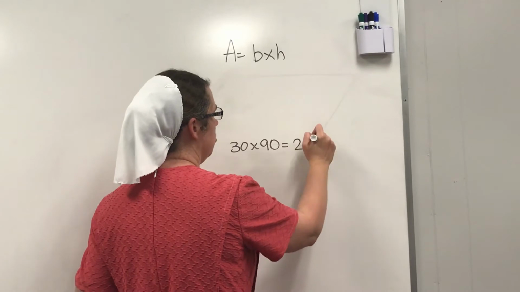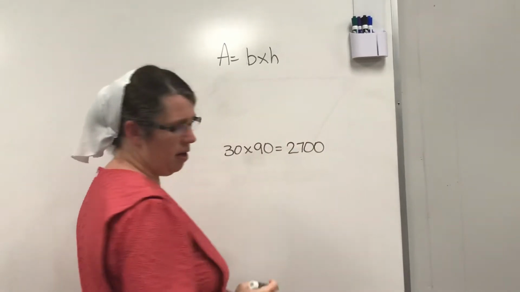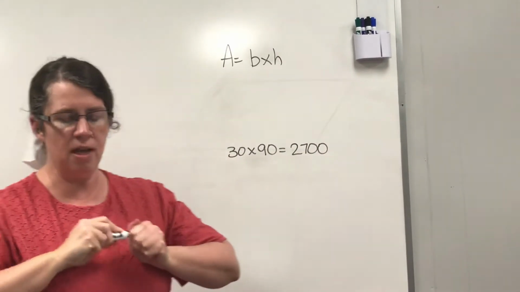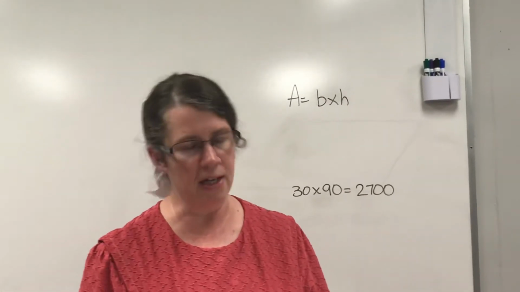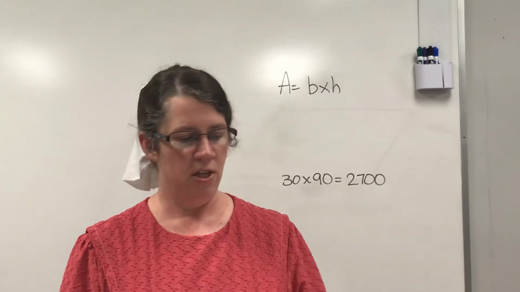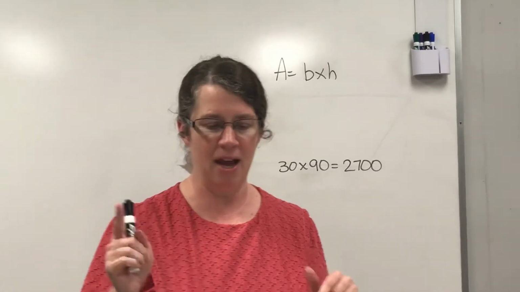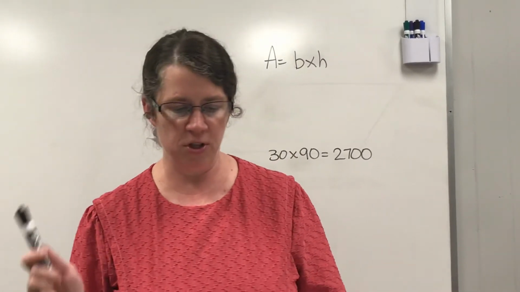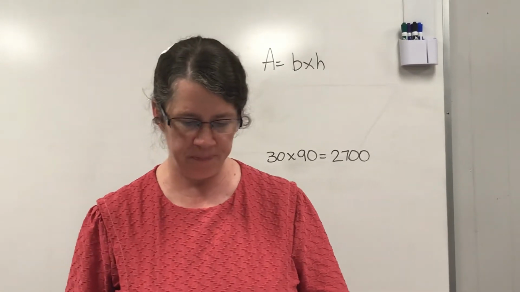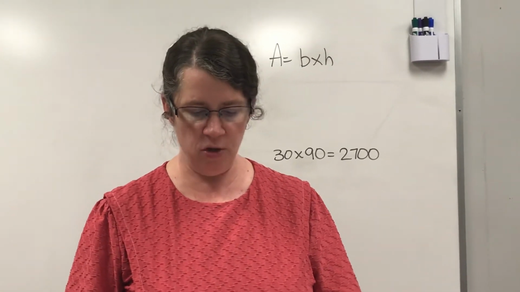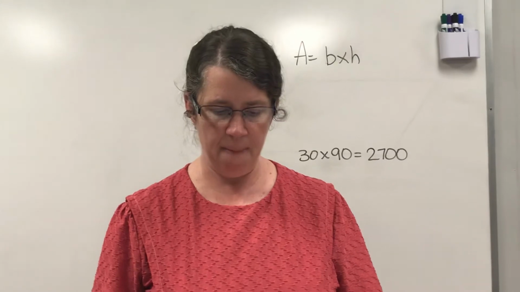You've got 2 zeros. 2,700 inches times inches. Your label is inches squared. So remember, formula for area of a parallelogram, base times height. Always remember to square your label. That's your new things for today.